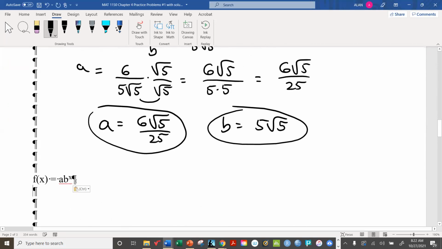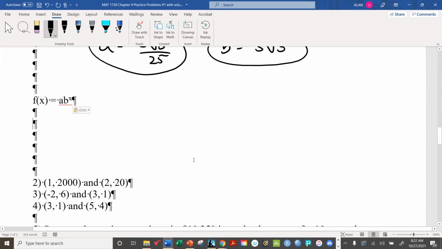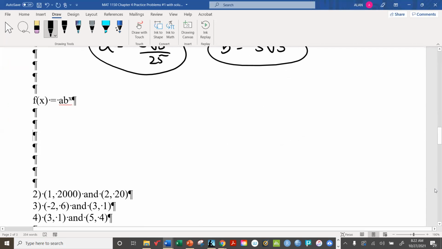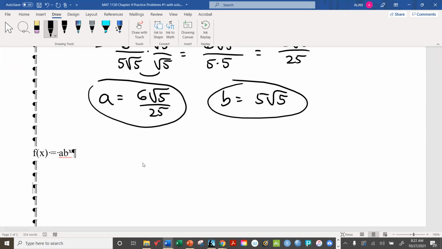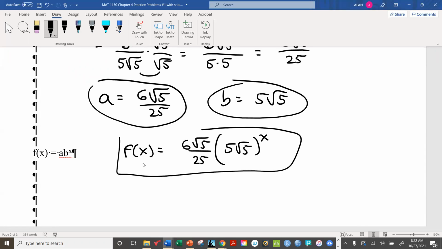And finally, when all the dust is settled, you'll see that our final result is f of x is 6 radical 5 over 25 times 5 radical 5 to the x power. And that's it. Now that's a ghastly looking formula, but that is what we're looking for.